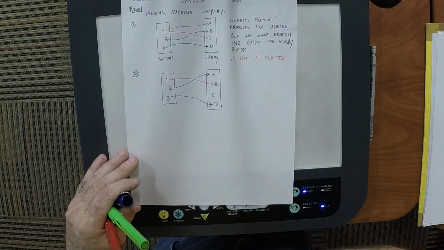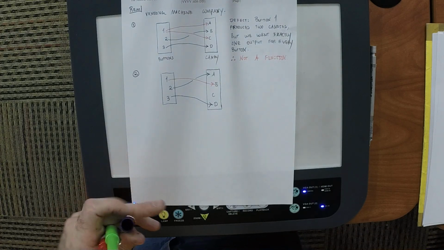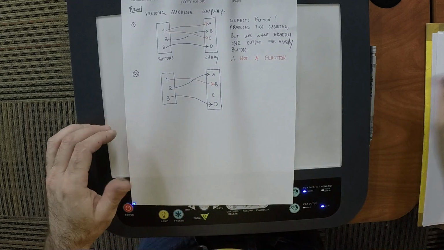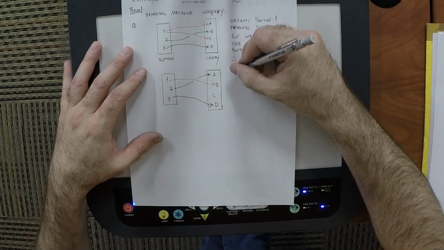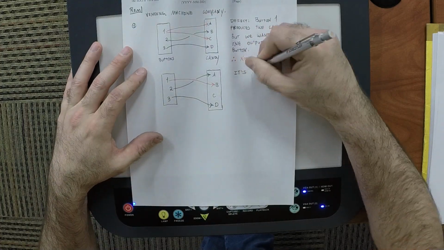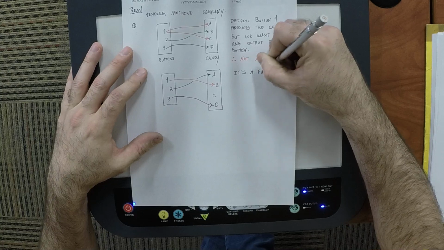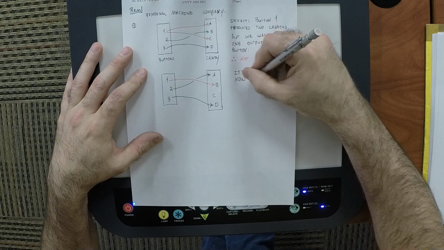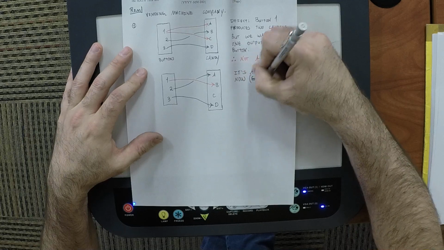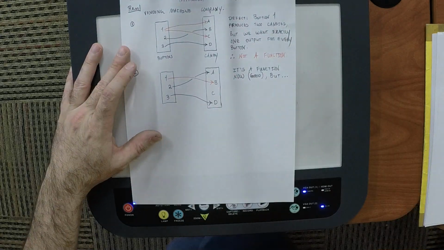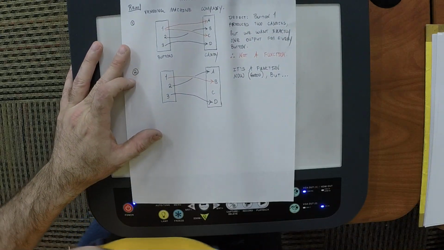And the technician says, okay, I fixed it. Every button now has one output. So it's a function now. But it still has a defect. What's its defect now?